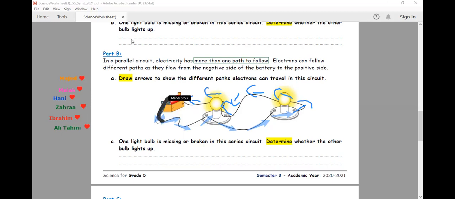Miss, can I draw a line or arrow? Yes. Mahdi, this is not right. Oh, no, Miss.